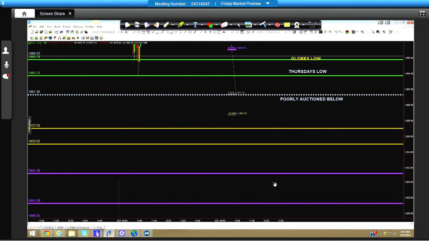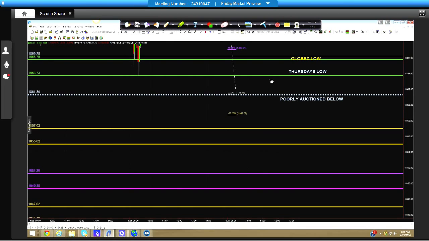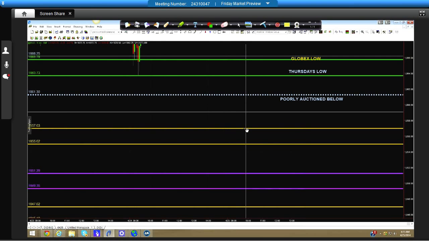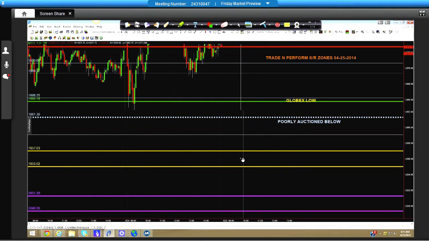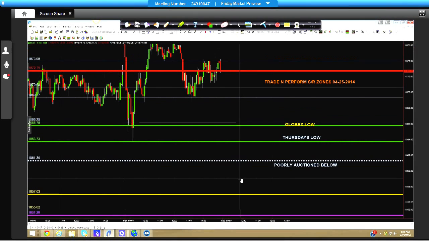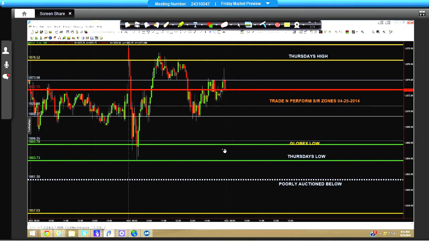And again, if we open at this 1863 and we have an open drive lower, I'm going to need to see quick rejection out of here. Let me get rid of the half gap thing. And then I would, again, look to the half gap, but realize that if we start to auction back up, we're gapping down at this 1865.75.